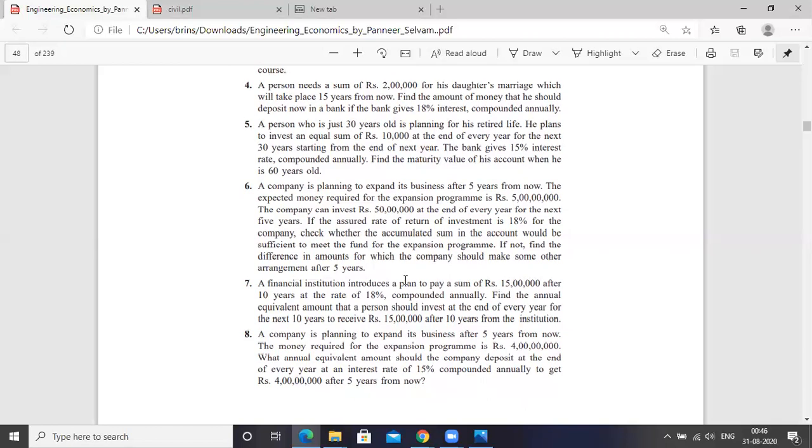Find the annual equivalent amount that a person should invest at the end of every year for the next 10 years to receive the 15 lakhs after 10 years from the installation.